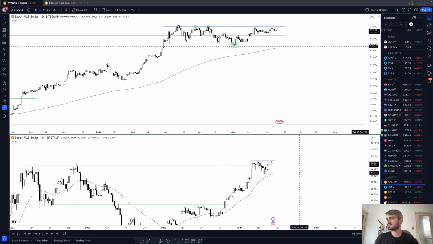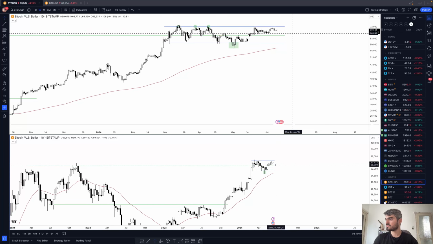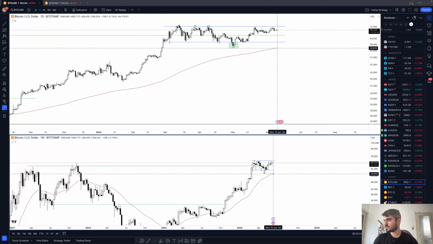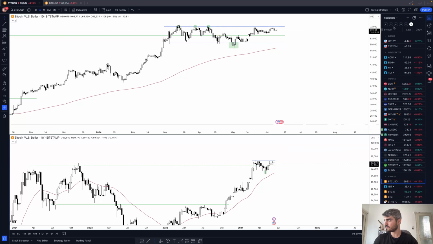So this is Bitcoin, guys. I think we'll see some kind of correction. Whether it be once again mid-range, whether it be lower boundary, and if we go even deeper to the 200 EMA. Okay, so this is about the markets, guys.